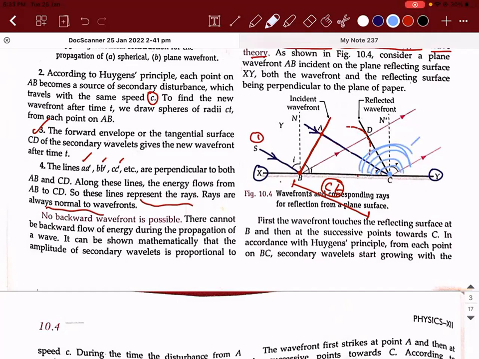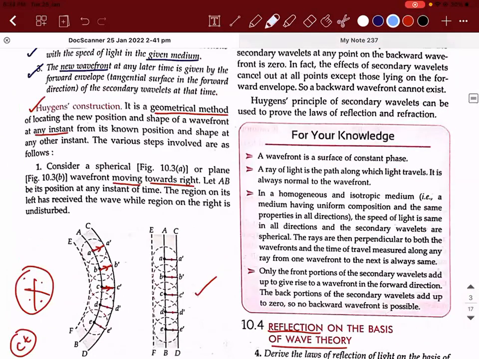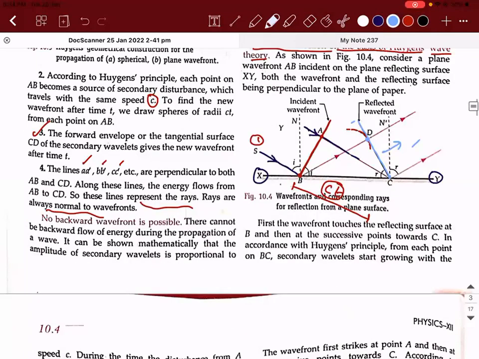Now these both meet at this point, and you can find that point by drawing a tangent from the second point of incidence till here. Because what did the tangent tell us? The forward envelope at any later time is given by the tangent drawn to the surface at that particular point.